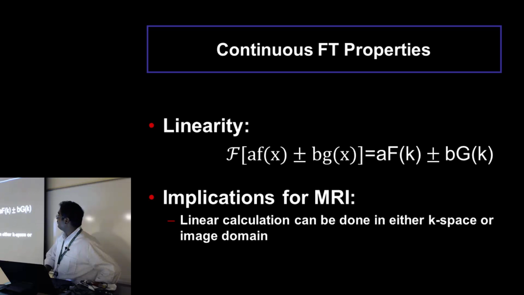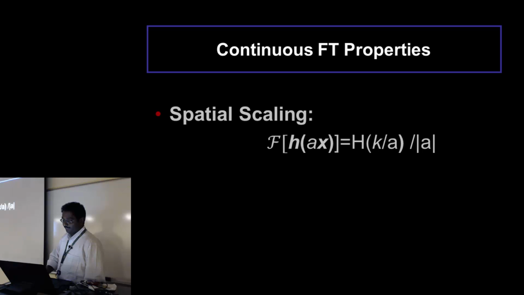And it becomes important when you're trying to analyze certain aspects of the obtained image in either domain. Sometimes you have an operation which is easier performed in the K space versus image space, so having this property certainly helps.